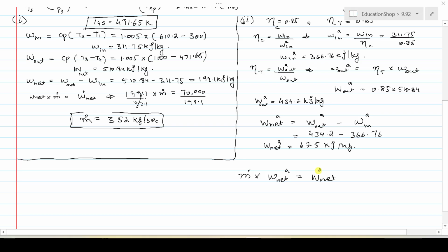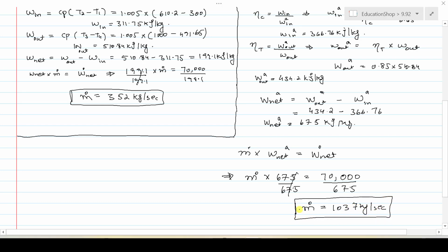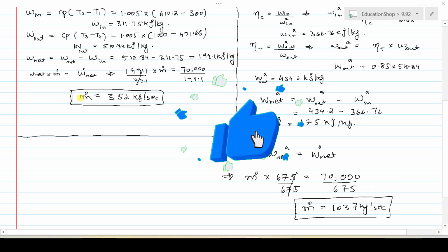The dot on top represents power, that is 67.5, and the net power produced is given, that is 70,000 kilowatt. After solving this on the calculator, it will give you the mass flow rate of 1037 kg per second. As I already mentioned, in the first case we require less mass flow rate, while in the second case we require more mass flow rate, because this is near the real applications and the first is the ideal application.